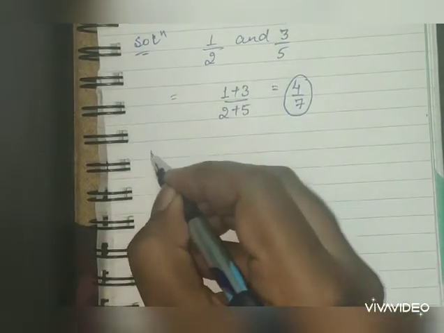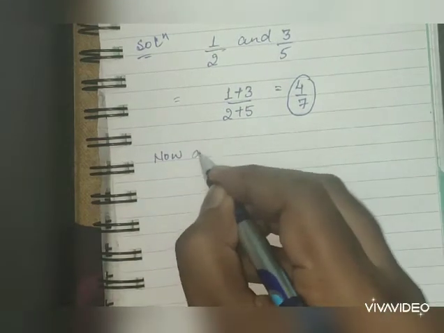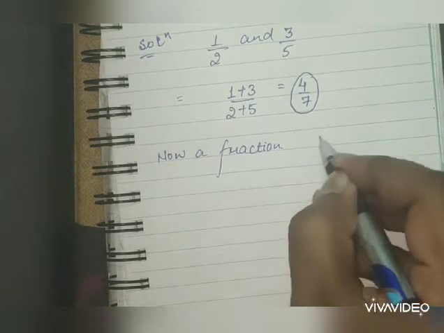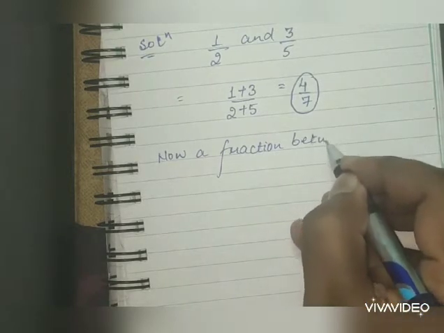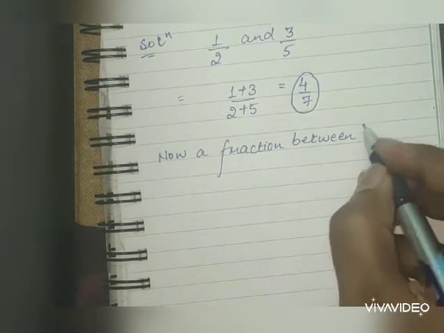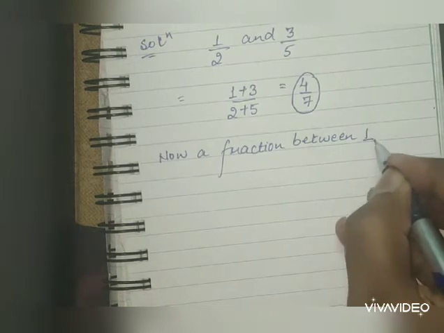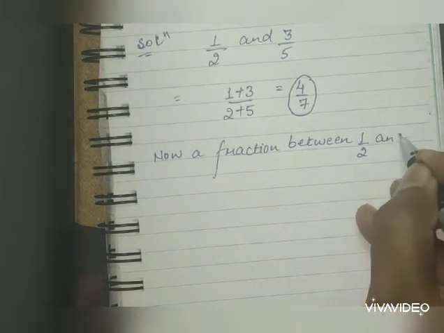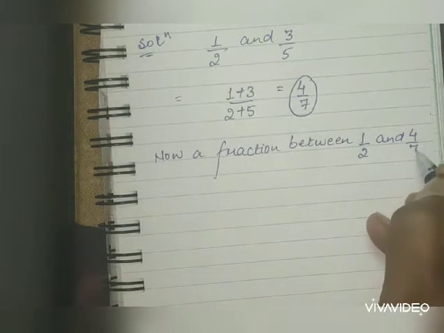So now a fraction between 1/2 and 4/7. We will first take 1/2 and we will take 4/7.